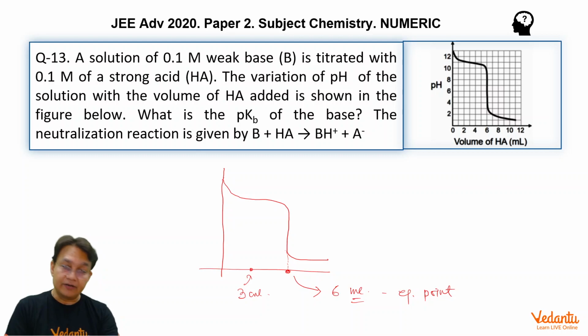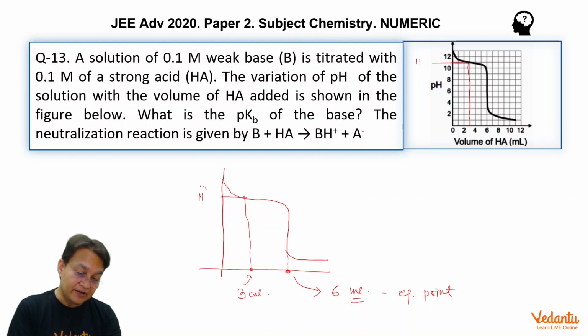So that is a typical titration curve. On the graph, if you take the 3 ml line and join it to the y-axis, what will you find? 11. That means the pH is 11 when 3 ml of strong acid was added.